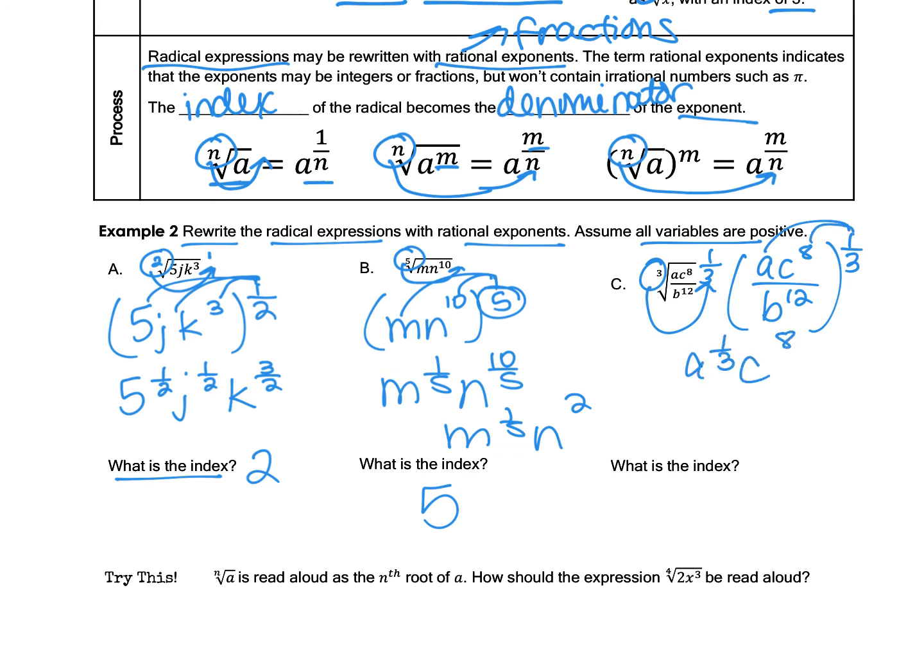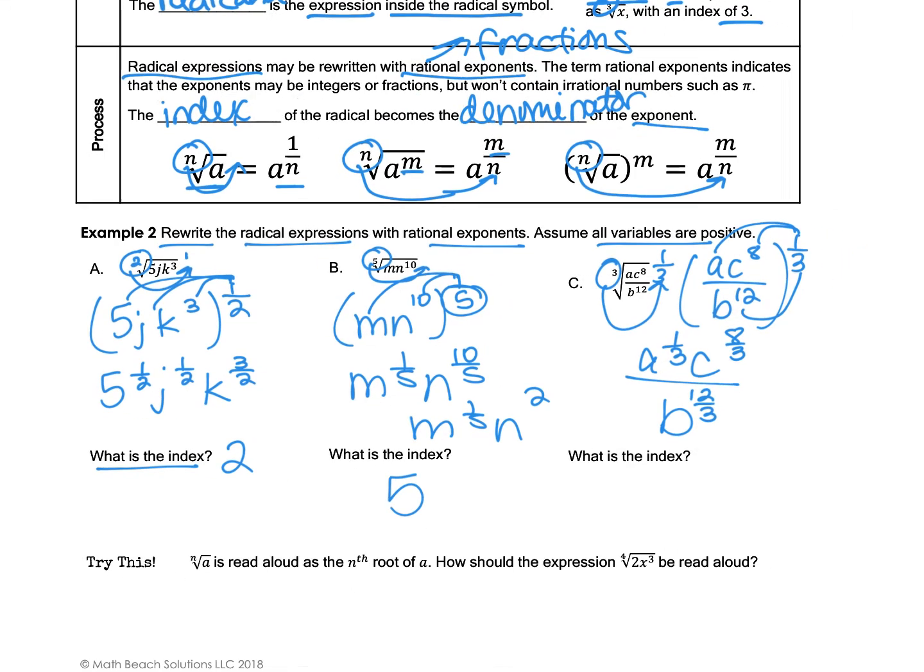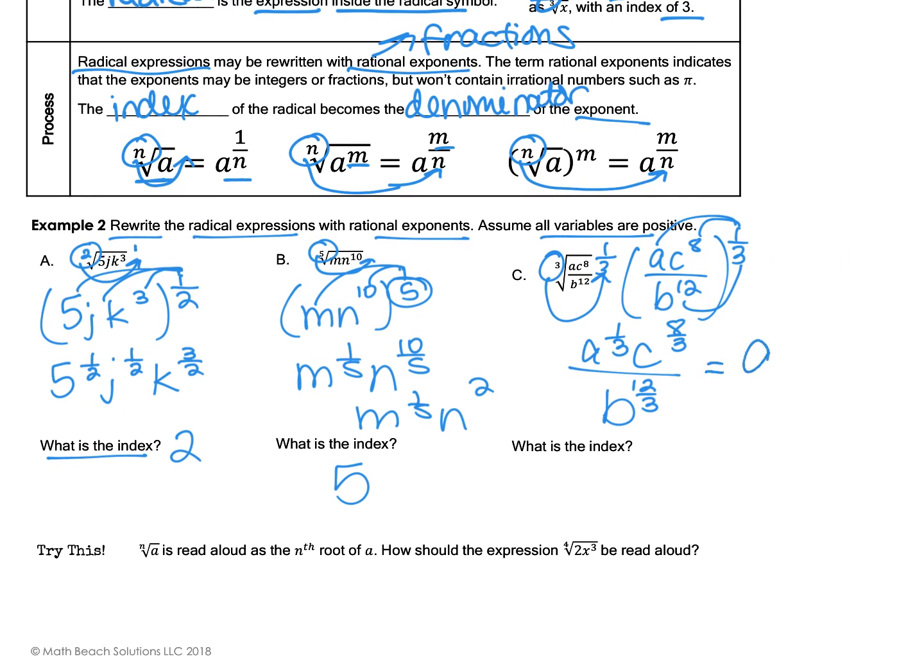That's c to the 8/3, because remember you just multiply the numerators. And then that would be b to the 12/3, which reduces to b to the 4th power. Okay, I wanted to know the index. The index is your little number, the root that you're taking, which is 3 here.